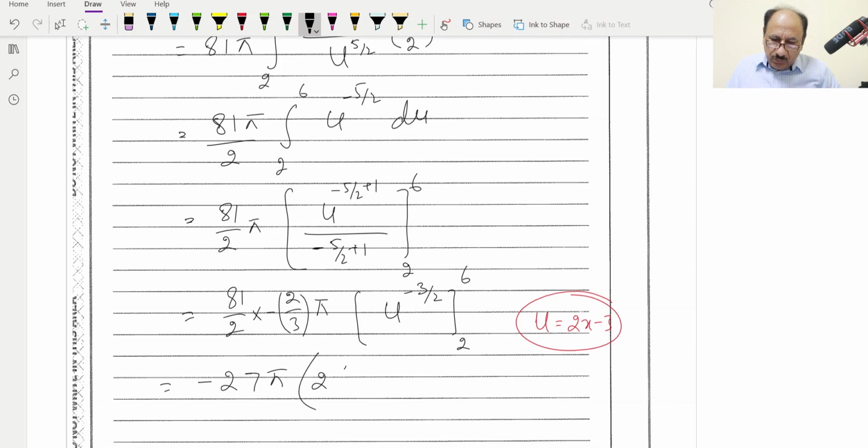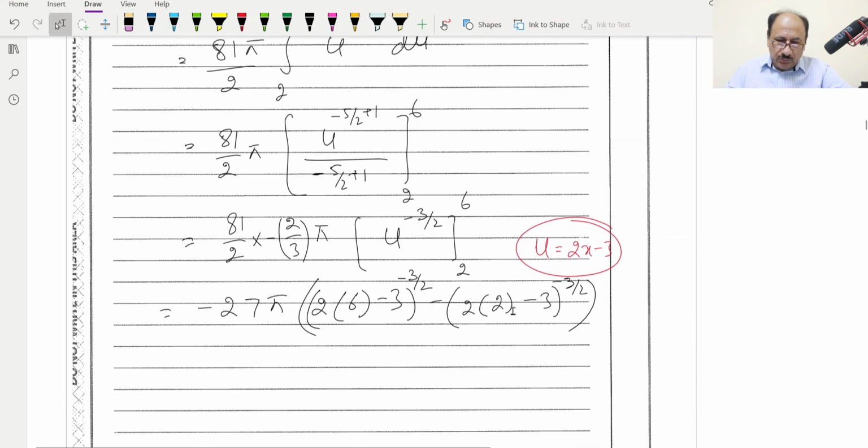So 2 into x, which is 6, gives 2x minus 3 raised to the power minus 3 by 2. And if we replace the lower limit, x value will be 2, so we'll replace 2, minus 3, and the whole raised to the power minus 3 by 2.